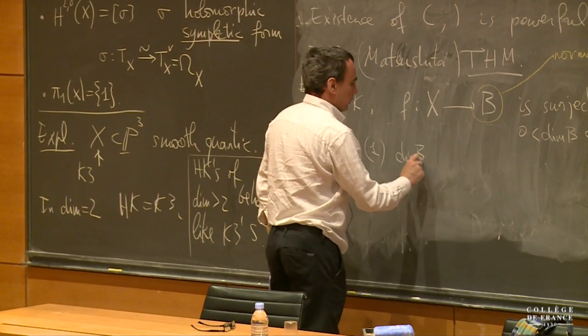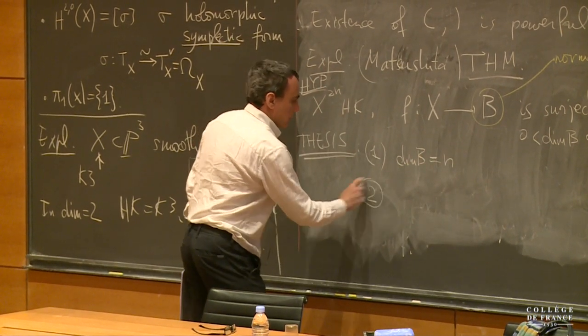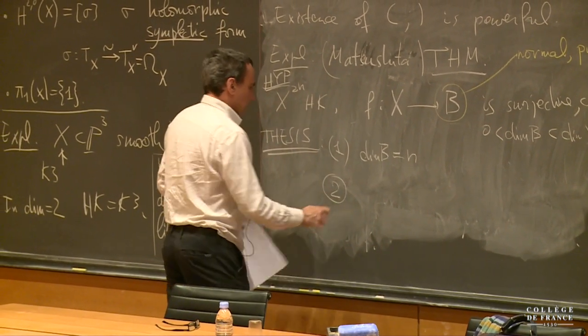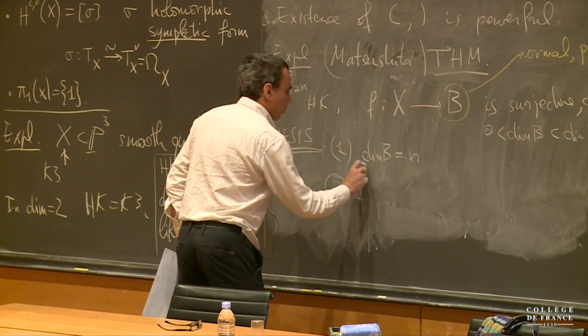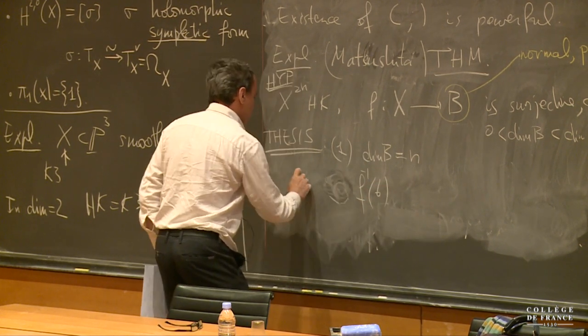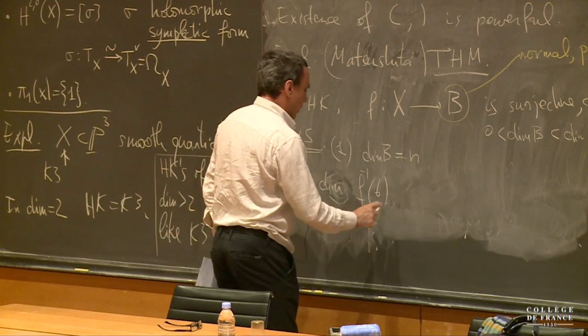The dimension of B is exactly half of the dimension of X, and then all fibers have the same dimension as the generic fiber.